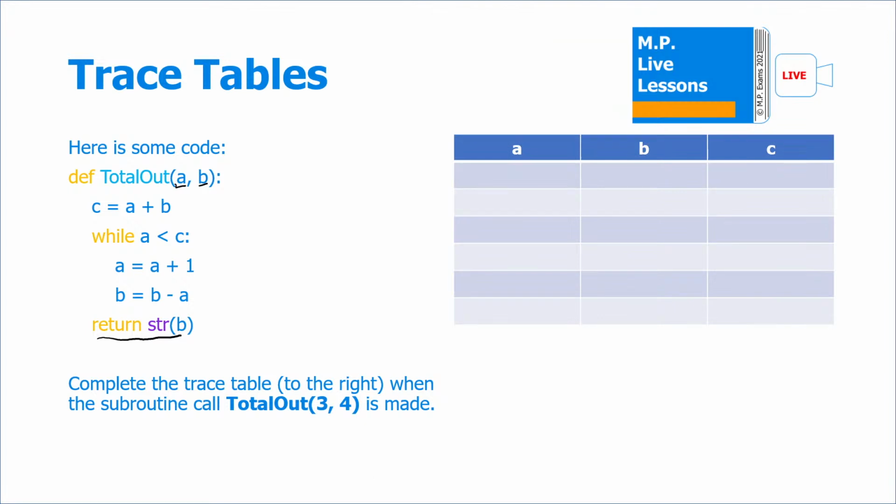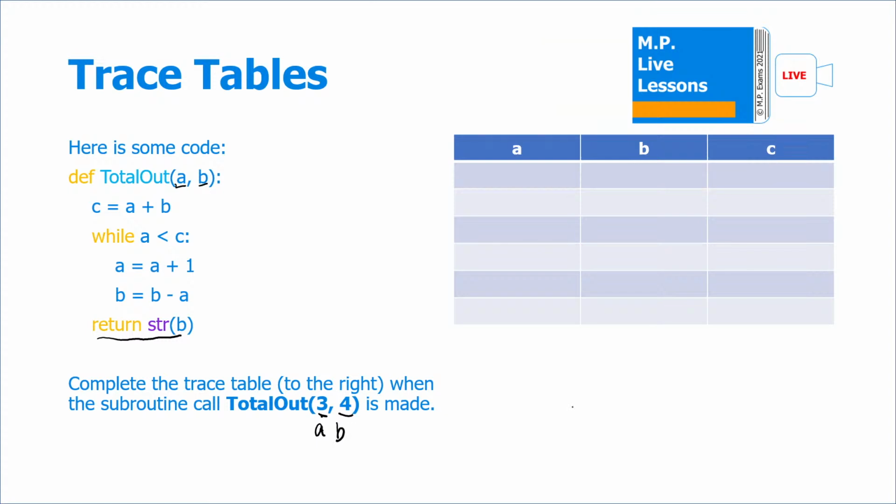Now, when we call this, you can see that A is our first number, then B is our second number.